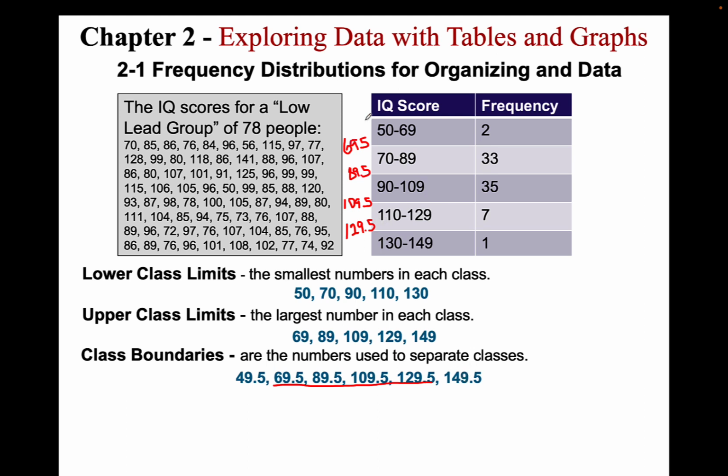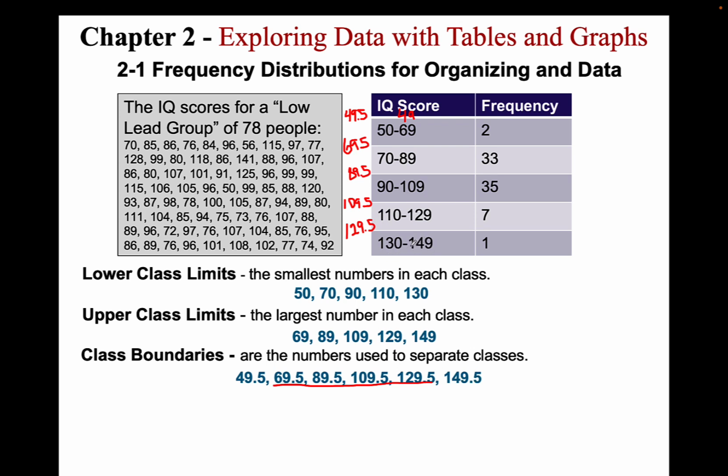If you were to pretend that there was another class of IQ scores above this, it would end at an IQ score of 49. So the IQ score separating this invisible class, if you will, would be the number separating 49 to 50, which is 49.5, and that is where that lowest class boundary of 49.5 comes from. Then the last one, the 149, comes from the upper end of the table.